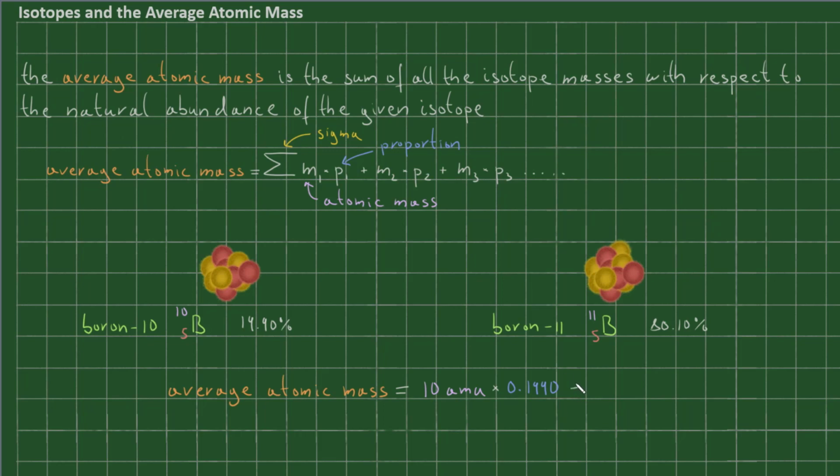To that, I'm going to add the mass and the proportion of boron 11. The atomic mass of boron 11 is 11 AMU, and I'm going to multiply that by the proportion of boron 11. The percentage is 80.10%, which means the proportion is 0.8010. And now I'm going to use my calculator.